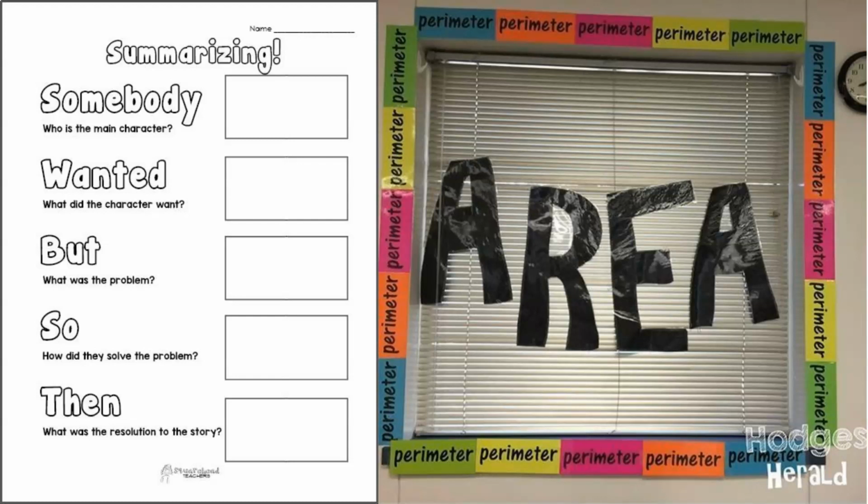The visual on the other side is for summarizing. So this provides scaffolds for students who are going to be summarizing something. So it would be like: somebody, who is the main character, wanted to do this, but then, so then.